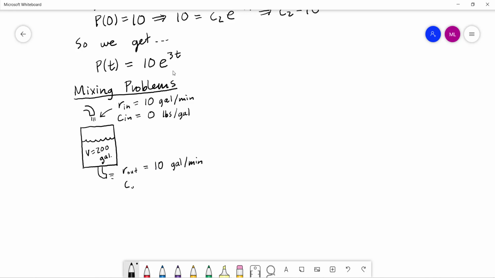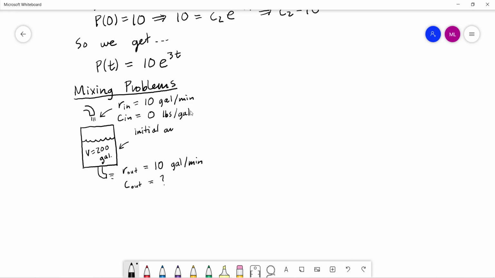The concentration of what's coming out is unknown. We don't know the concentration out because let's say initially there were 50 pounds.